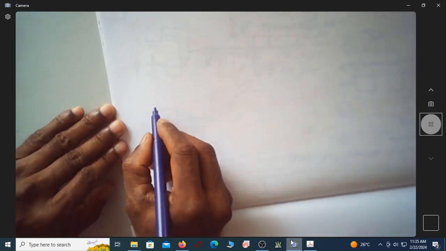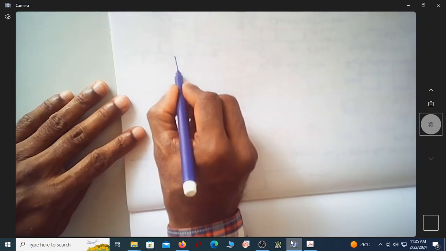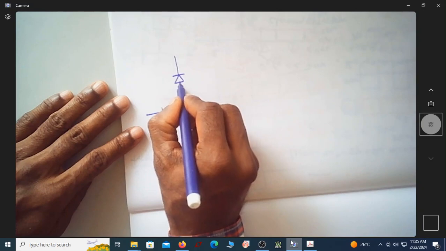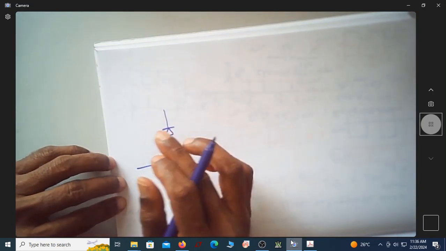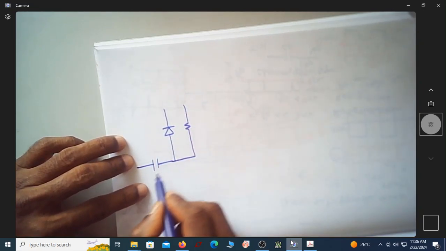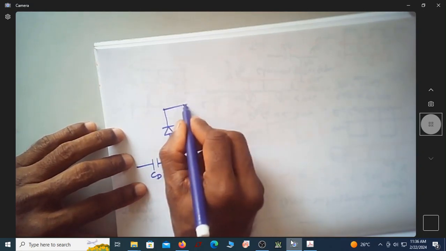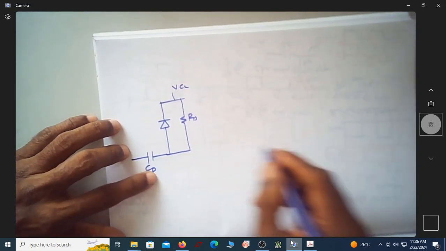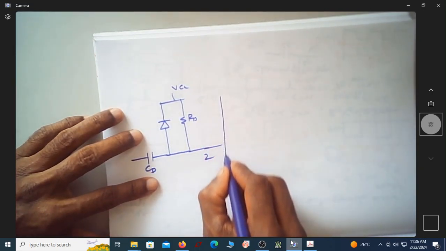Okay, let me rewrite that. The trigger signal is passing through a capacitor. There is a diode which is used to clamp the waveform, which is used to take out the positive spike. This RDCD will make this trigger signal like a spike. This is connected to VCC, and you have your pin number 2 going there.